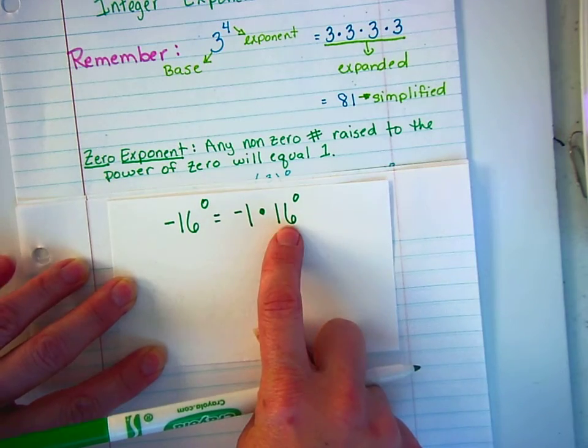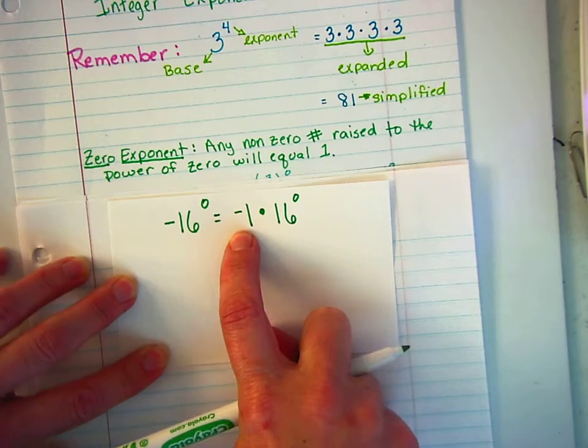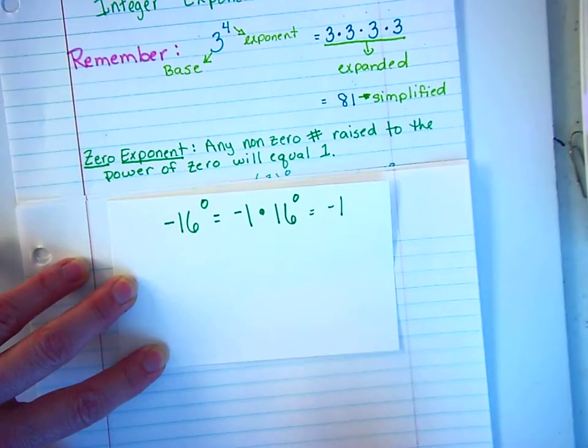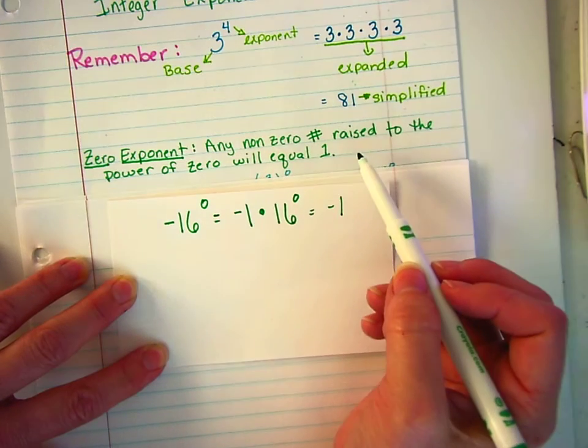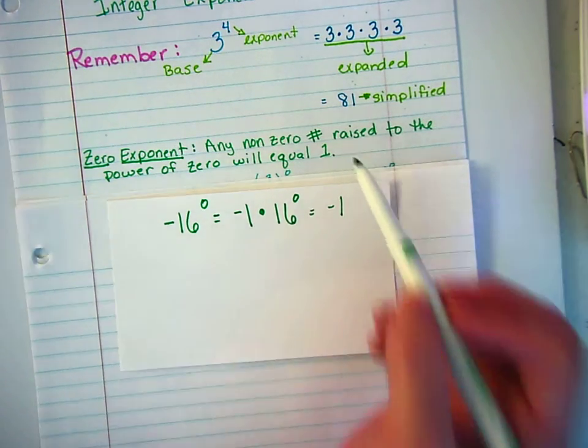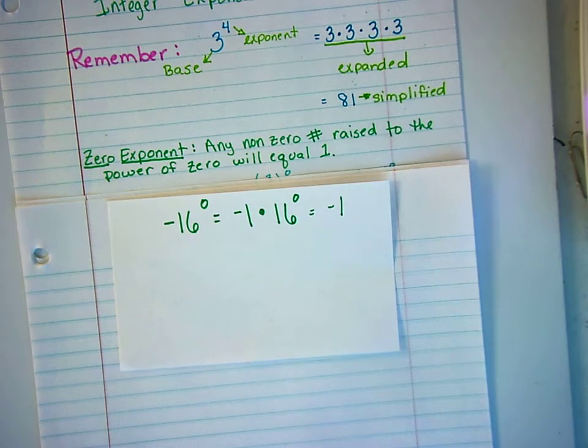And 1 times negative 1 will give you negative 1. So does that still go with what my rule says? It does now, because my 0 is being applied to only the 16, not negative 16.